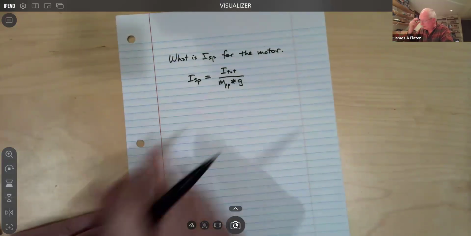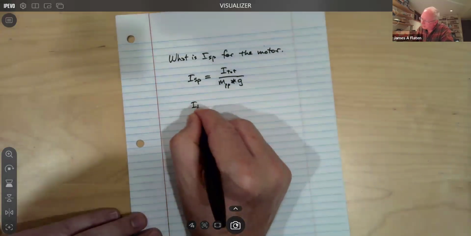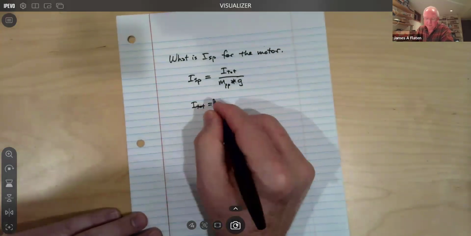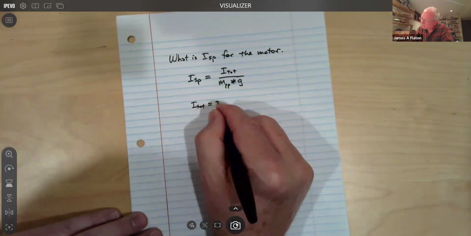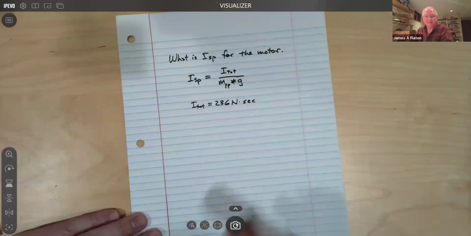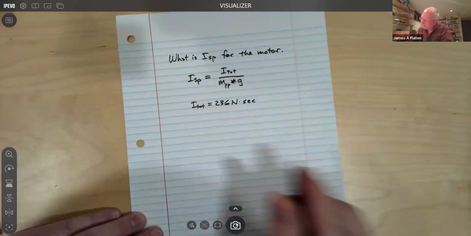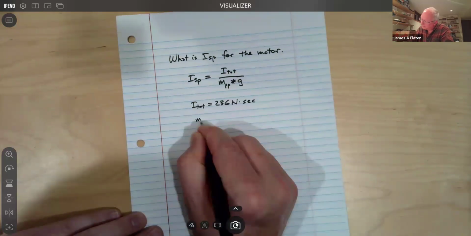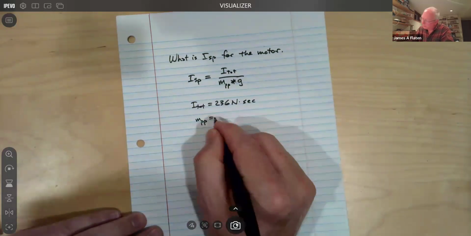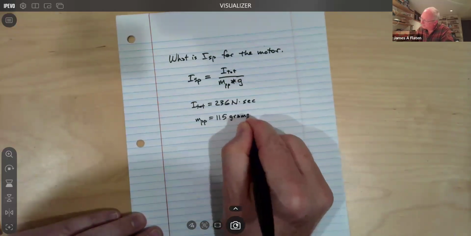Okay, so that's good. In this particular case, I total is equal to 236 Newton seconds. That's the answer from a previous question in the same homework assignment. And the mass of the propellant is equal to 115 grams.